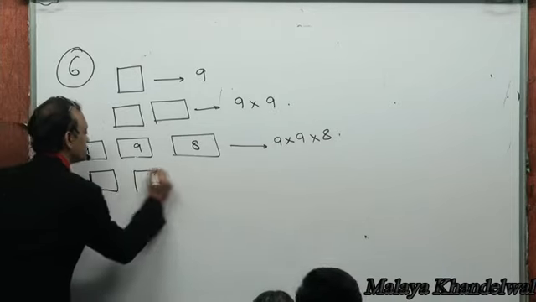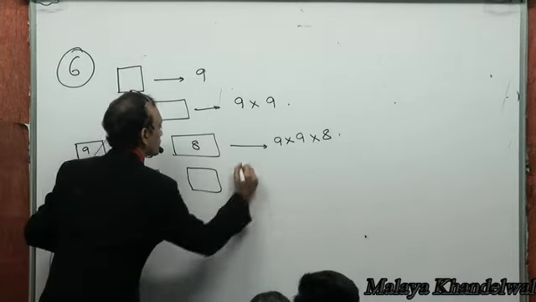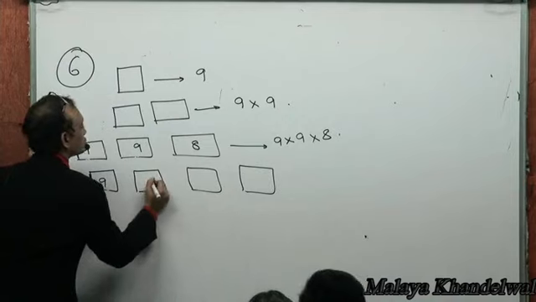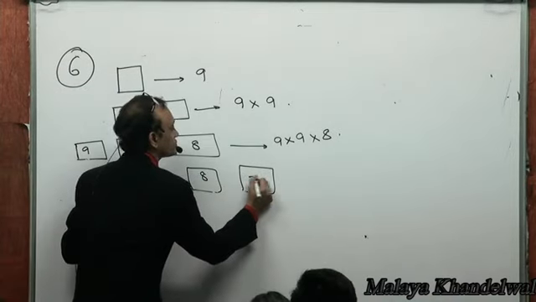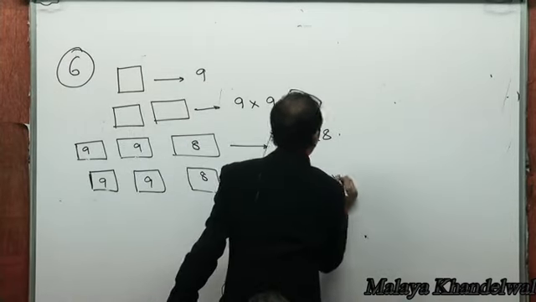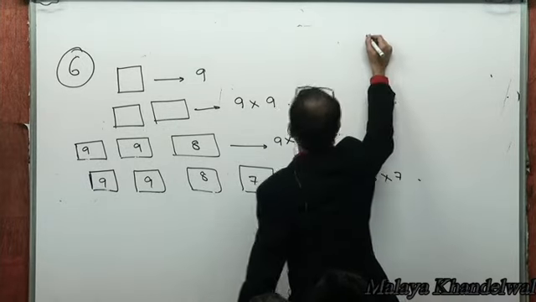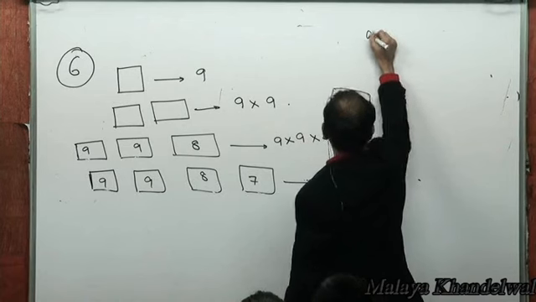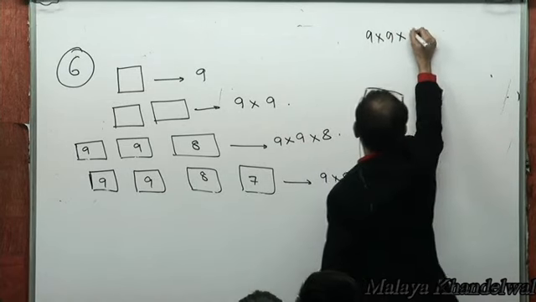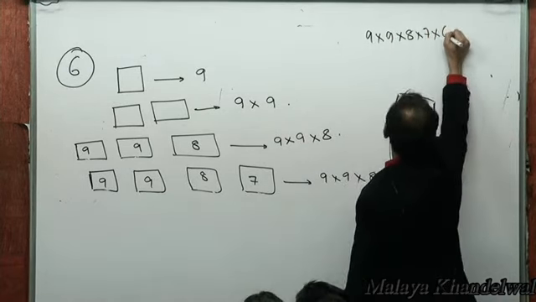Similarly, 4-digit numbers: 9 into 9 into 8 into 7. And going this way, the next 5-digit number would be 9 into 9 into 8 into 7 into 6.